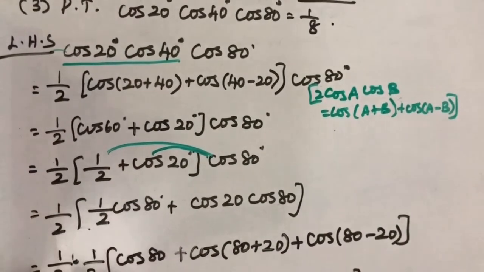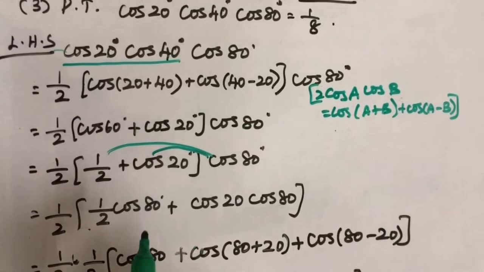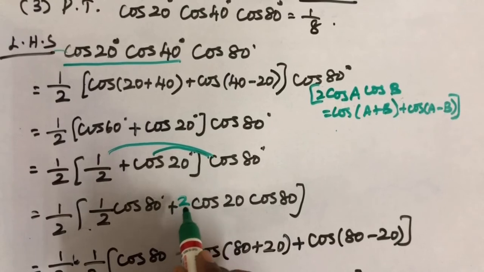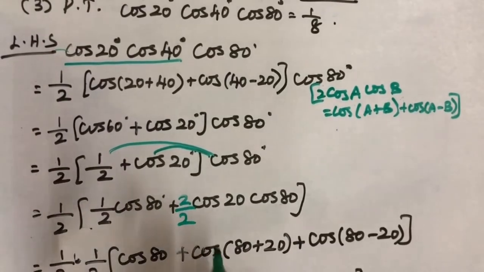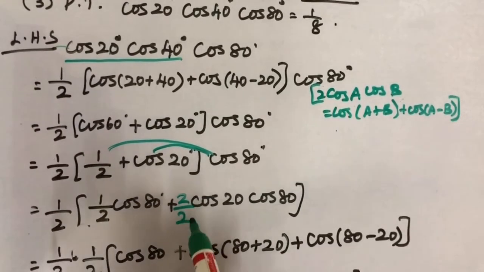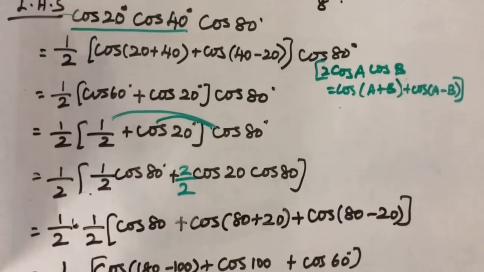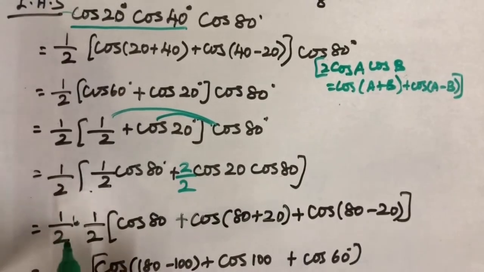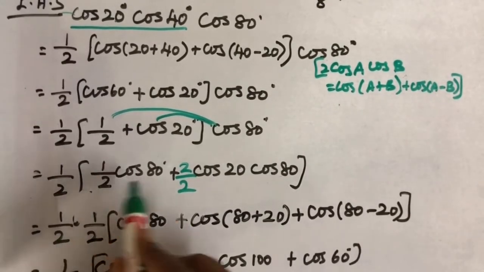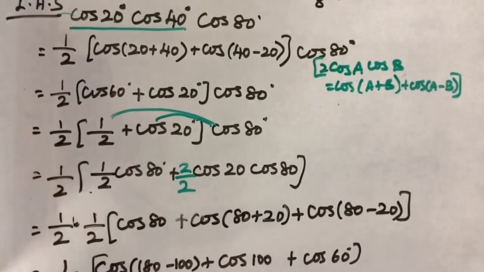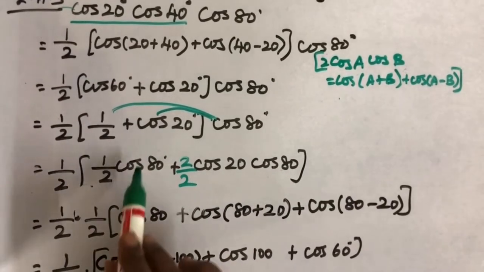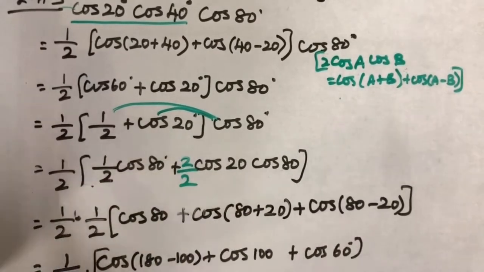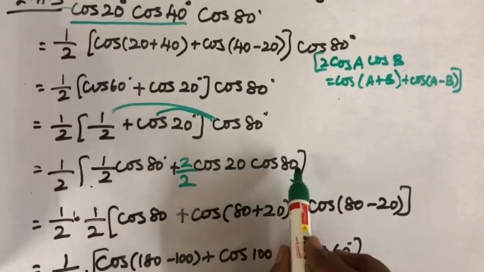Okay, so 1 by 2. Now again here I multiply by 2 and divide by 2 the term cos 20 cos 80. So in the next step I can take 1 by 2 as common with these two terms, again, since 1 by 2 is already there. So 1 by 2 into cos 80 plus 2 cos 20 cos 80.